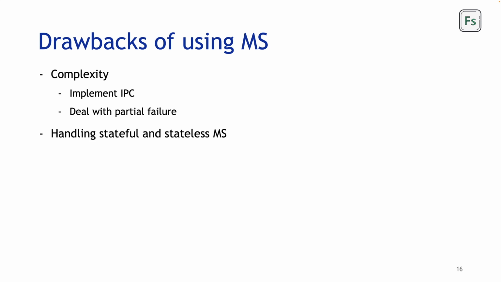So that's added complexity. There are stateful and stateless microservices, and the state needs to be handled differently. If you have a stateless service, it's fine, you can put a database on that service, and every request will be idempotent, so the request can go to any of these microservices.